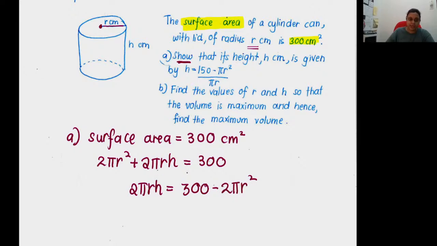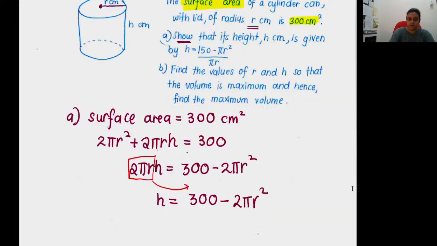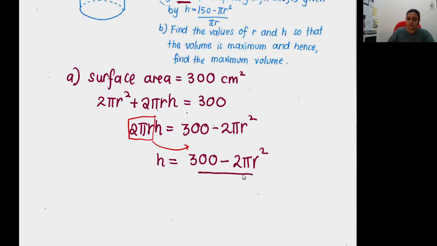Then you can bring only this to the other side, because we want to prove the h is equal to this. So h is 300 minus 2 pi r square, over 2 pi r.